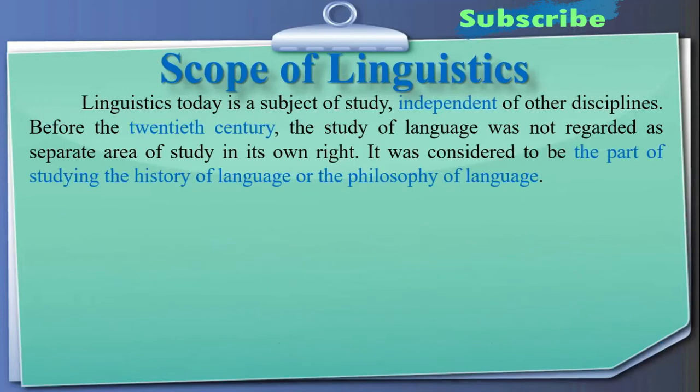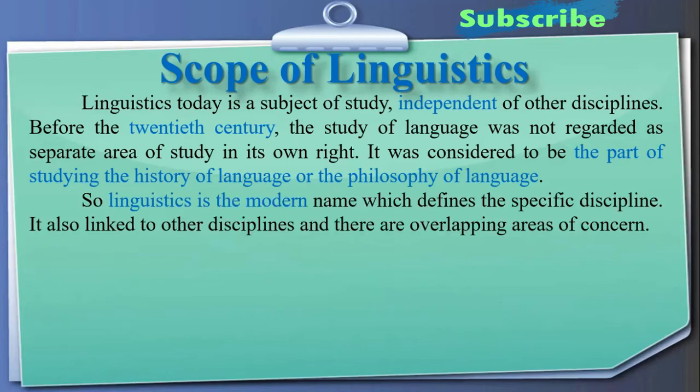Linguistics today is a subject of study independent of other disciplines. Before the 20th century, the study of language was not regarded as a separate area of study in its own right. It was considered to be part of studying the history of language or the philosophy of language.